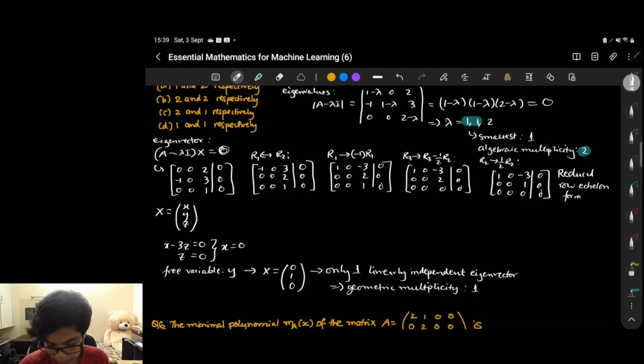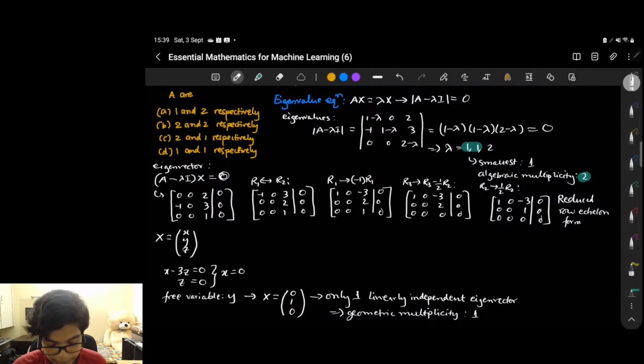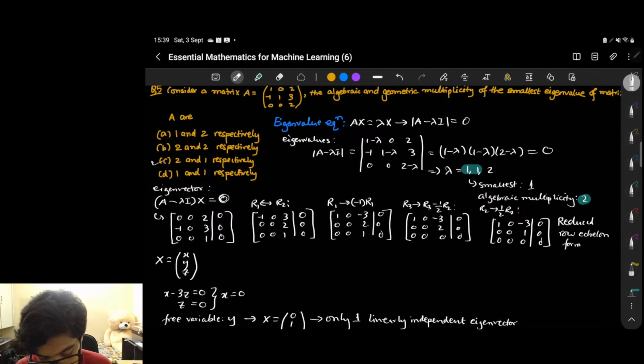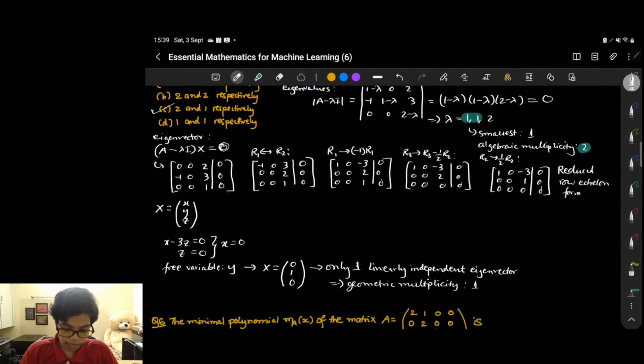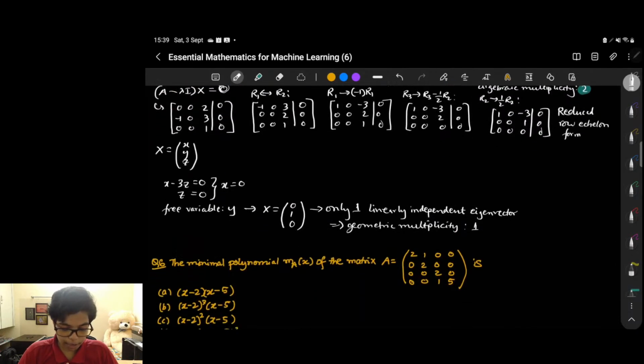So algebraic multiplicity is 2, geometric multiplicity is 1. So option C. Algebraic multiplicity is the number of times the eigenvalue is repeated, and geometric multiplicity is the number of linearly independent eigenvectors that you can have corresponding to that eigenvalue.